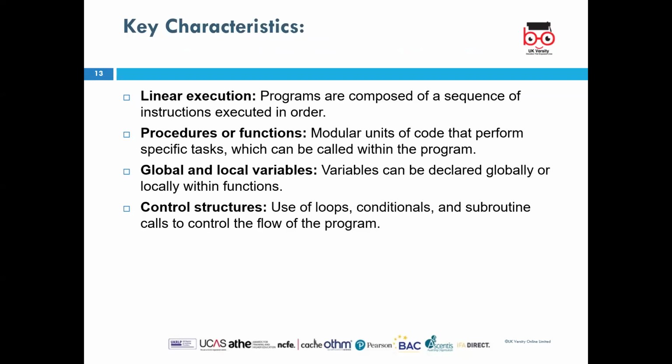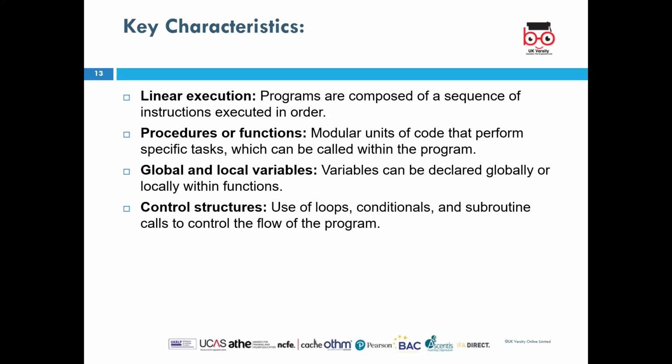So what are the key characteristics? It has a linear execution, where programs are composed of a sequence of instructions. Procedures and functions, which are modular units of code that can perform specific tasks. Global and local variables, so we can store variables that can be declared globally or even locally within our function.